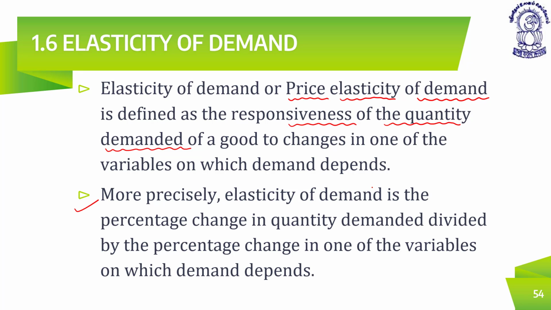Precisely, elasticity of demand is the percentage change in quantity demanded divided by the percentage change in price in case of price elasticity of demand, in income in case of income elasticity of demand, and so we are writing in one of the variables on which the demand is dependent.